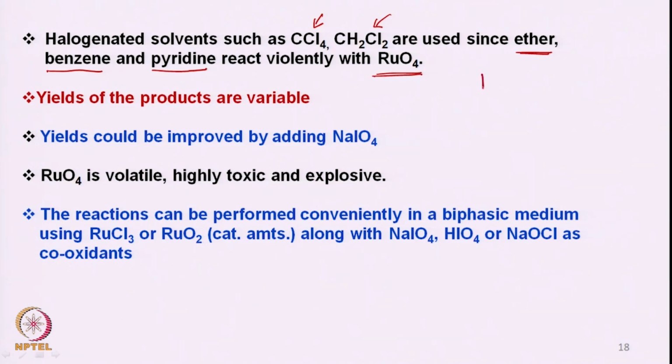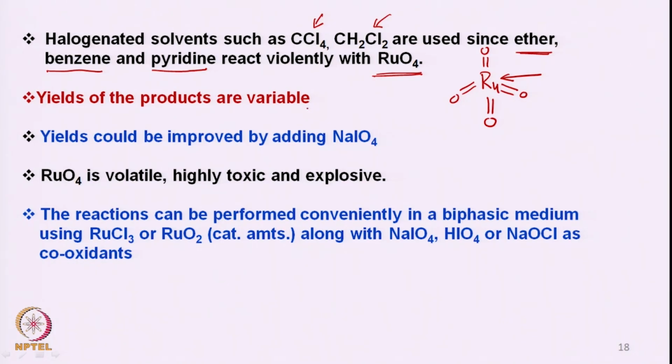If one sees the structure of ruthenium tetroxide, you have 4 oxygens attached to the ruthenium, and therefore the ruthenium here is highly electrophilic. Therefore, ether, benzene and pyridine all react very violently with ruthenium tetroxide.